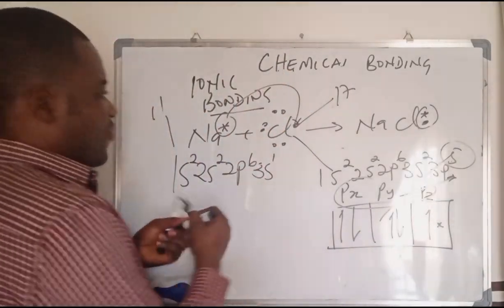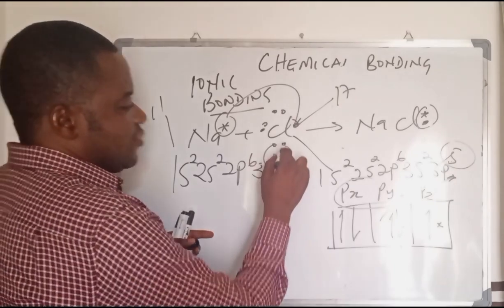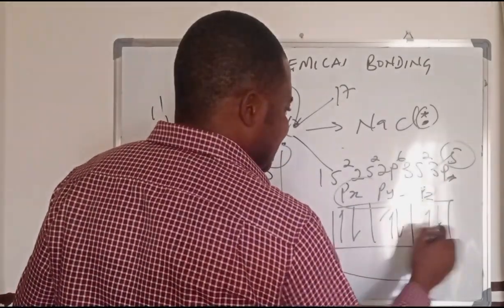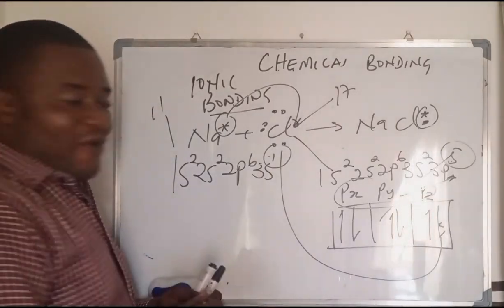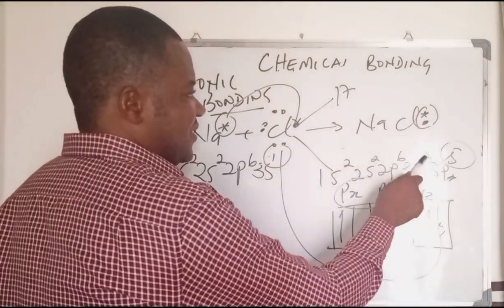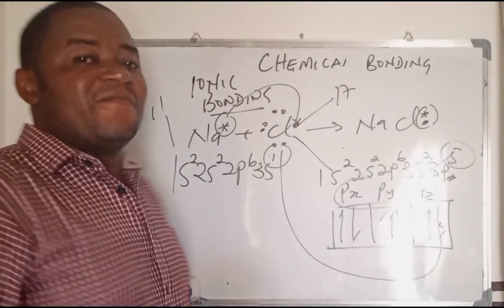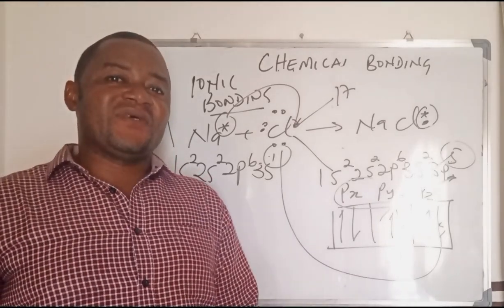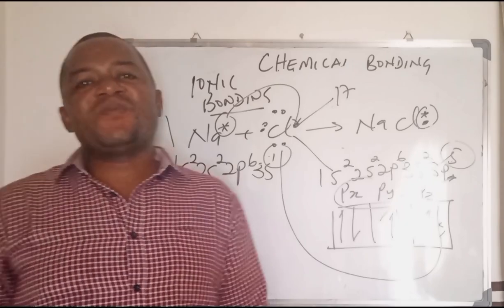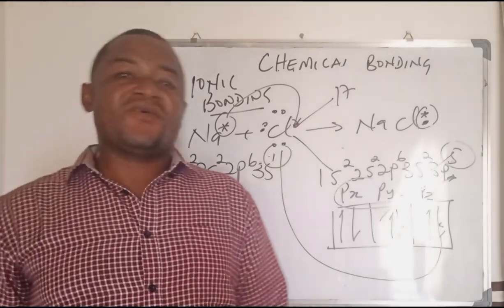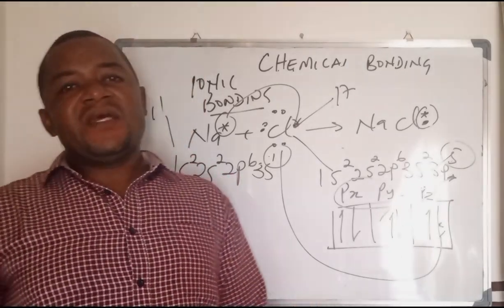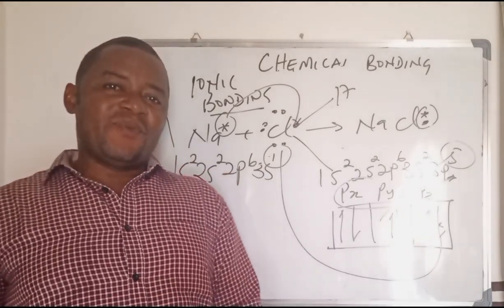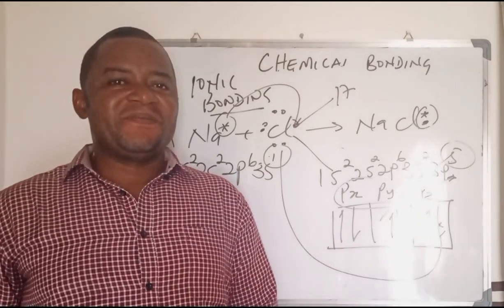So now it will require an electron from the cation to balance this. At this point, we now have 2, 4, 6 plus this is 8. That means that the valence shell of chlorine has 8 electrons, and with 8 electrons, it has obtained an octet state. It is already having the noble gas configuration. It is already a stable molecule.